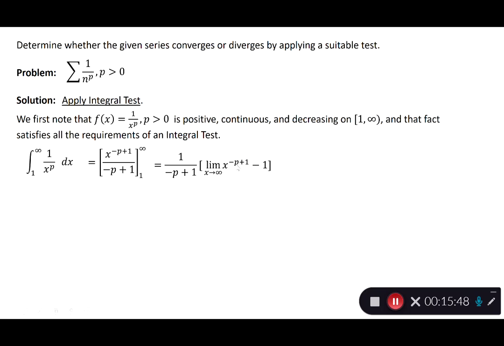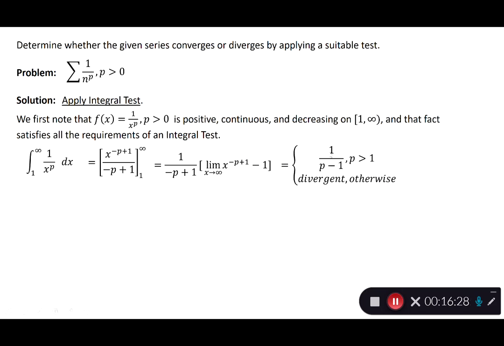In fact, for any value of p that is greater than 1, this limit goes to 0. If we are talking about any value of p between 0 and 1, we already said p must be greater than 0, then this limit is going to be divergent, or this limit goes to infinity, and so this would be divergent.